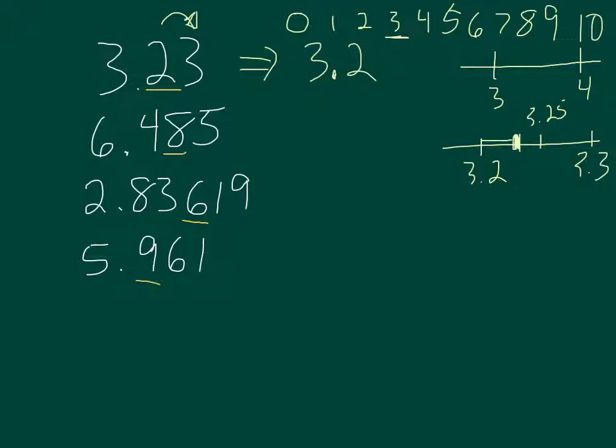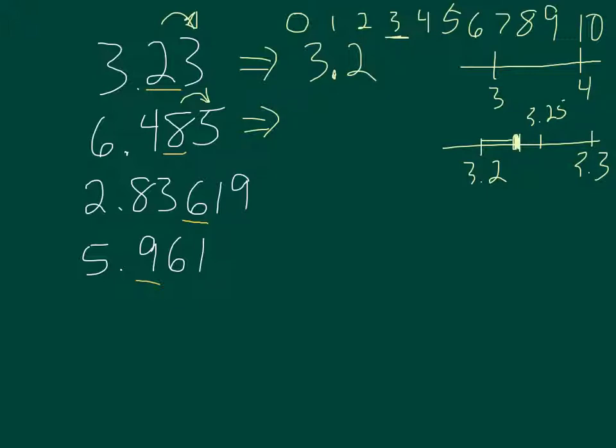Okay, let's look at the next one. 6.485, and that's 6 and 485 thousandths. And we want to round it to the hundredths place because the 8 is underlined. Well, you look at the 8 and then you look at the digit to the right. And the rule here is if the digit to the right is 5 or greater, you round up.